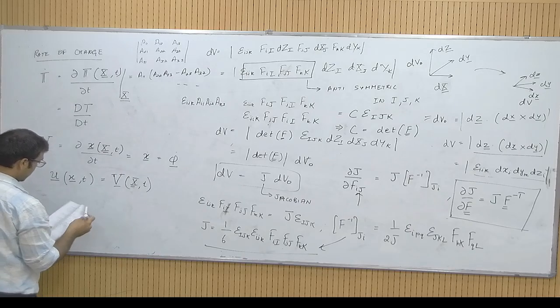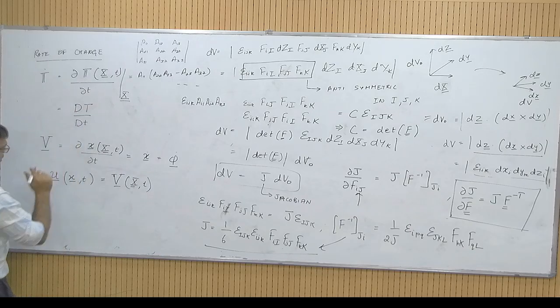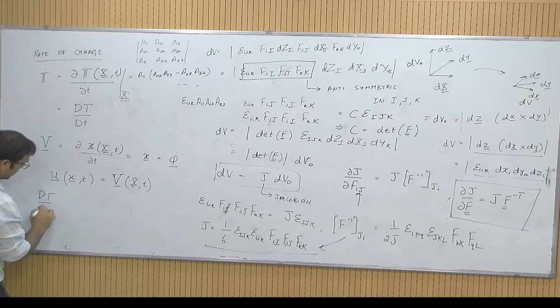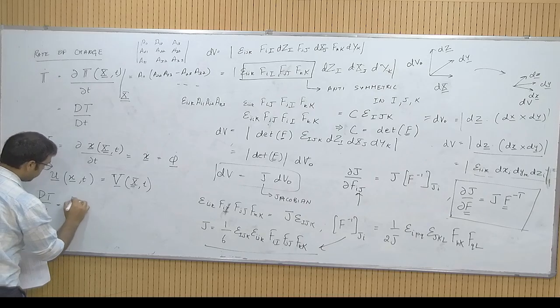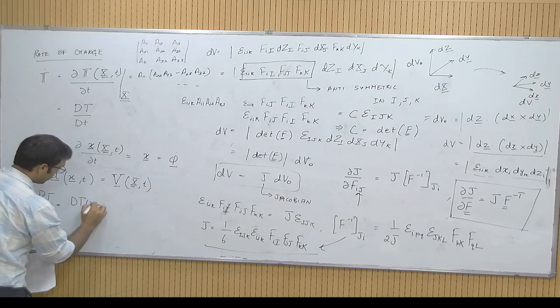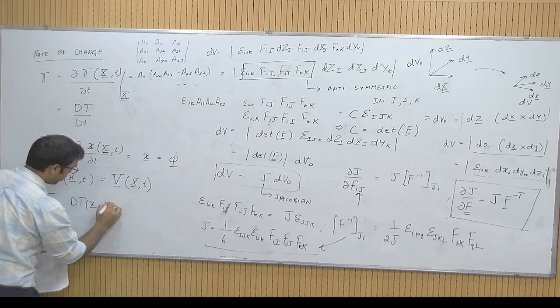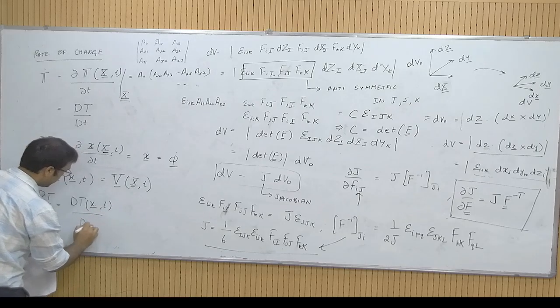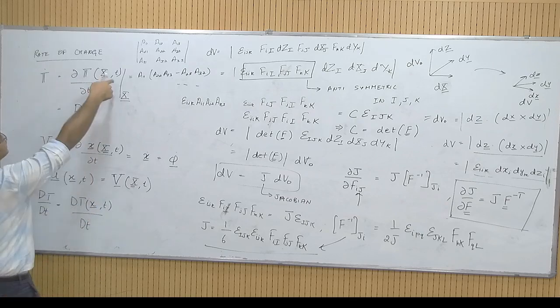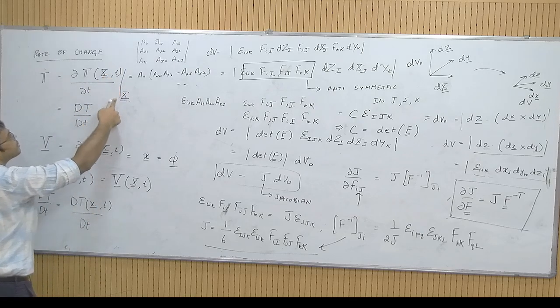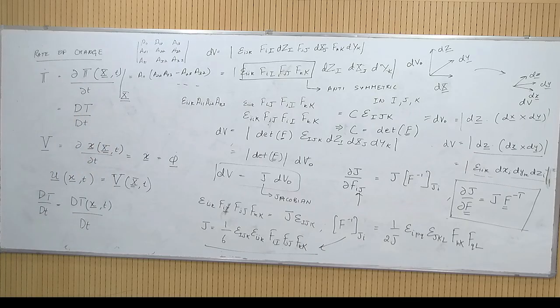Okay. And the way we define this material derivative, let us say, is we are saying that it is equal to d of T when it is a function of x comma t, dt. Now notice that this small x itself is a function of capital X comma t, and the whole idea of this partial differentiation was we have to keep the capital X constant.